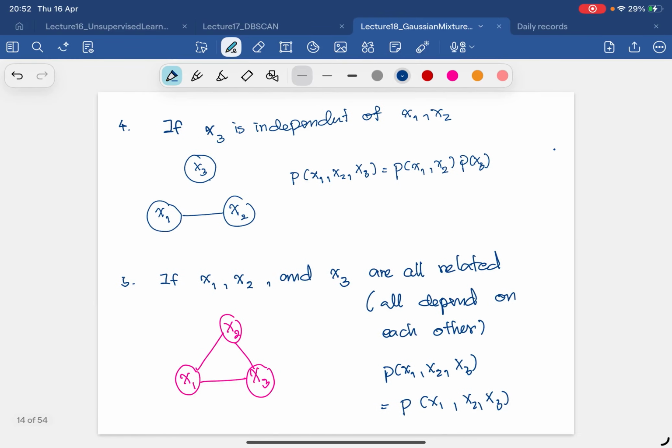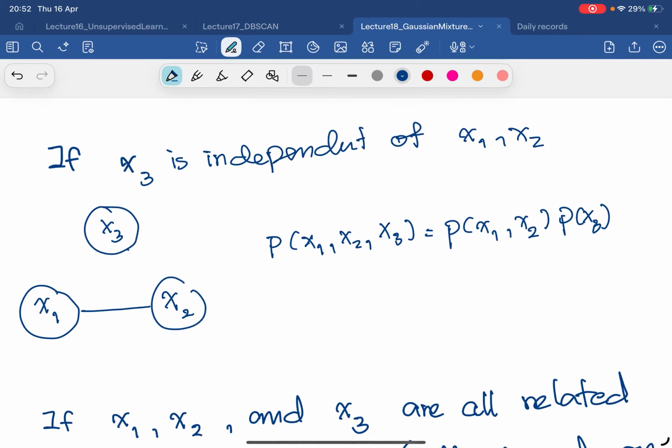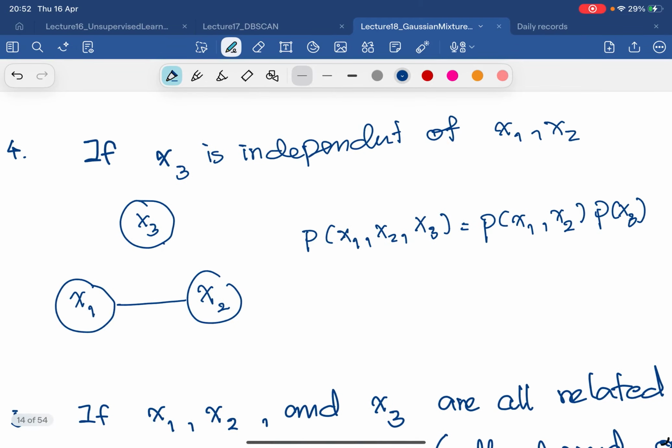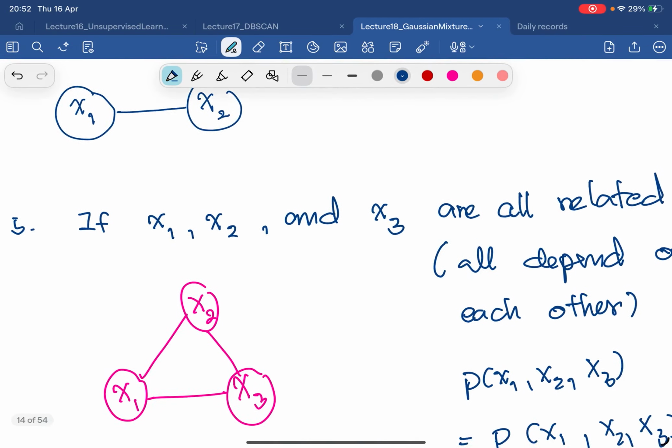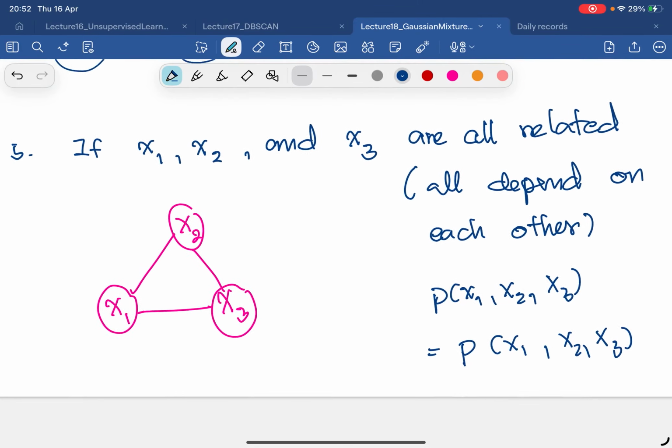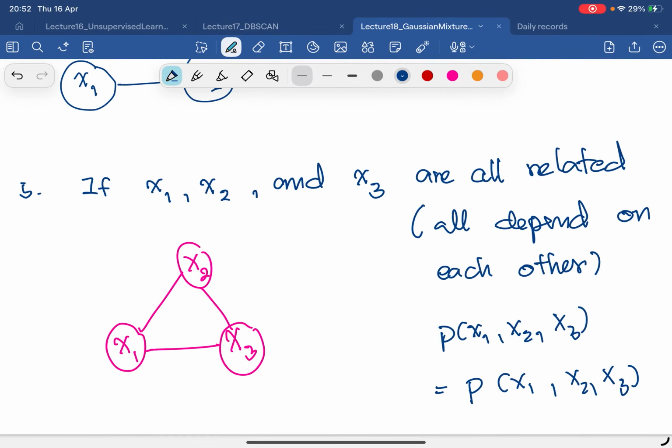What if we have a joint distribution between x1, x2, x3, but this time x3 is independent of x1 and x2? Then you can write it this way, right? And what if x1, x2 and x3 are all related? This means you cannot simplify the joint distribution when you write it, and in the graphical representation, all of them will have connections.